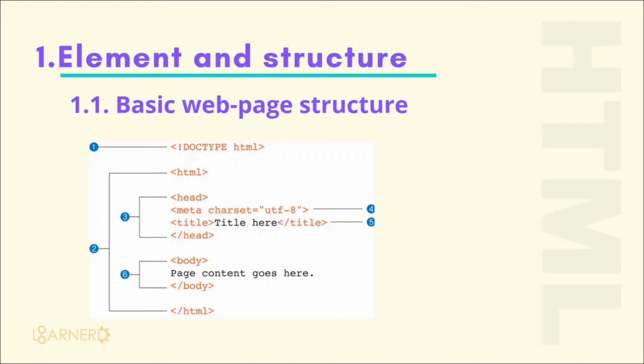There are some markup tags which represent the whole web page. The first one we will go through is the doctype. Then there is the html, the head tag, the meta tags, the title tag, and the body tag. So let's briefly dive into what it actually is.